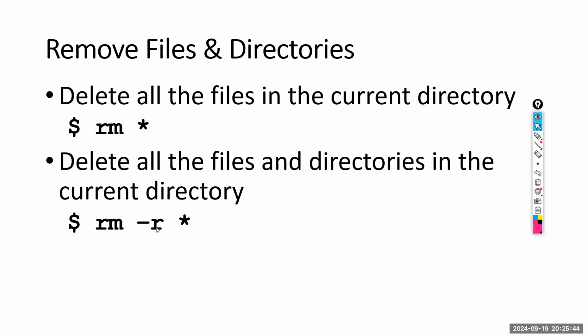This deletes all the files and directories in the current directory if there are subdirectories. Okay, so if you don't have -r, it won't delete subdirectories and their files, only the files. So if you want to delete files, directories, and their files, use -r.